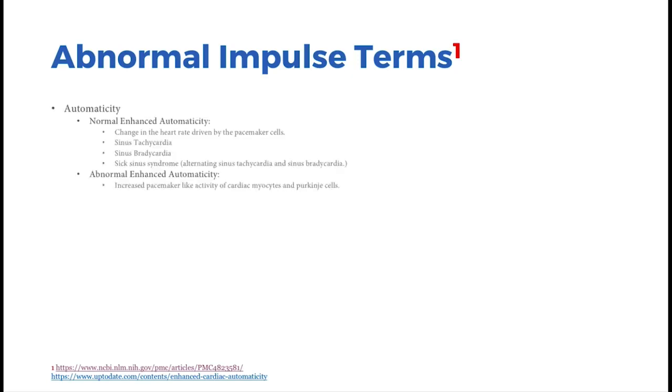So look, the idea of automaticity is simply this, that any part of our heart, any tissue of our heart that can be automatic, which means pacemaker. We know that SA node is automatic, correct? We know that AV node is usually not automatic because SA node takes over.